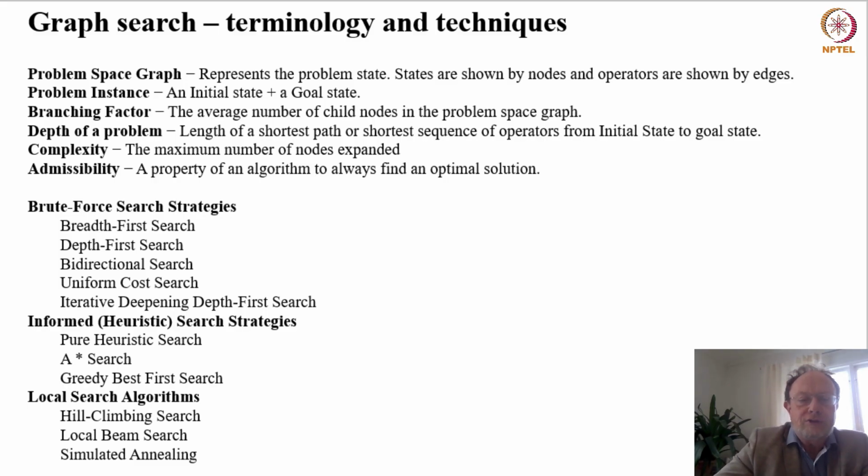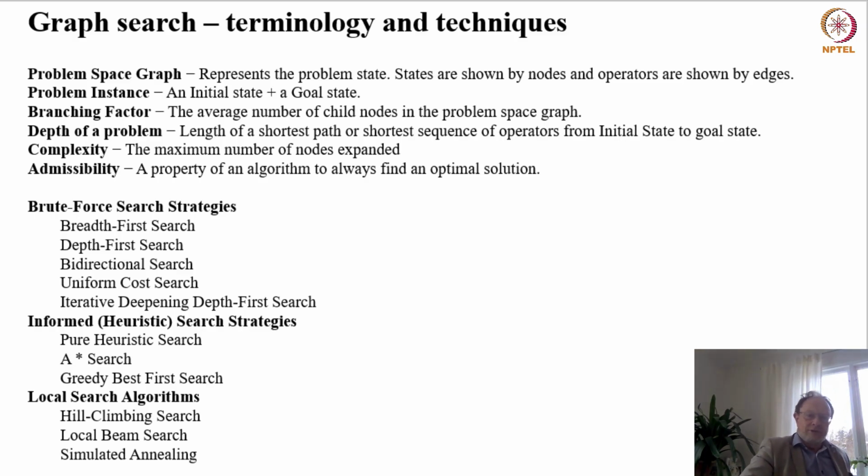Closely related to graph theory is graph search. And actually graph search has from the start been a core methodology in artificial intelligence. And of course, machine learning as a sub-area inherits the dependence of these techniques.